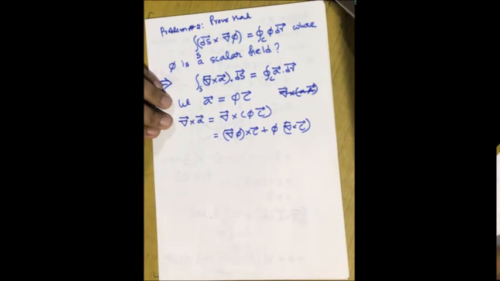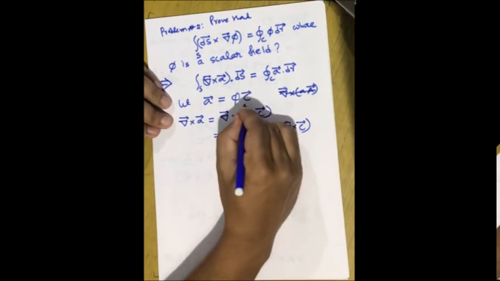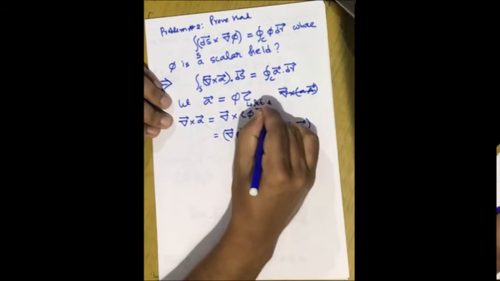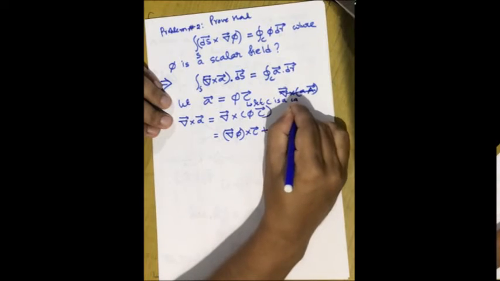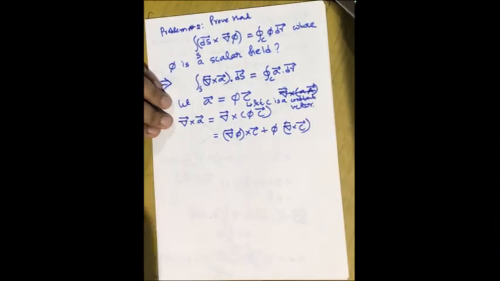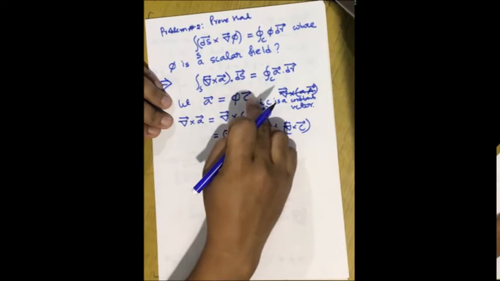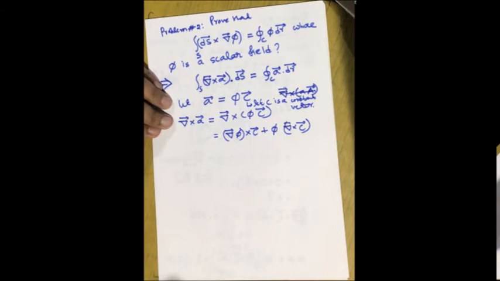Okay. Now in this example we consider that C is a constant vector, meaning its components do not vary with respect to x, y, and z. So A is equal to phi into C, and we imagine that C is a constant vector. We can imagine it. It's not a problem.